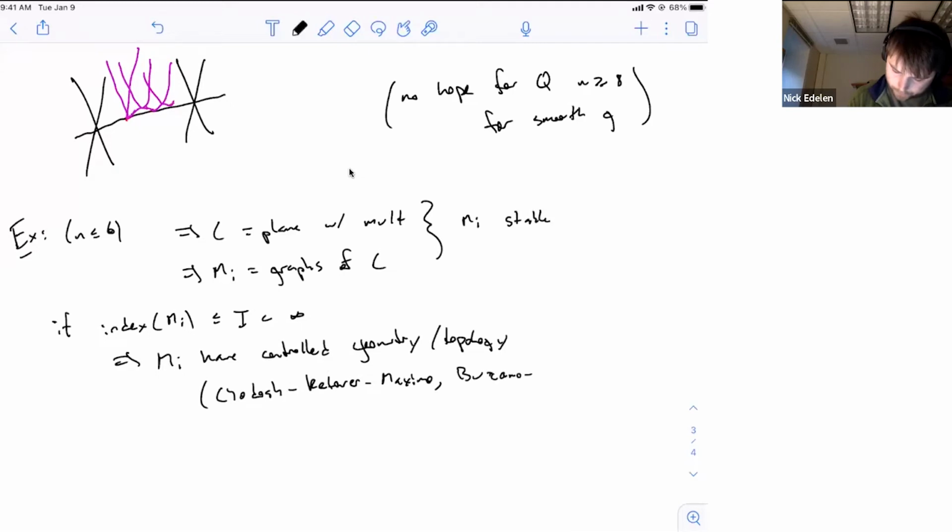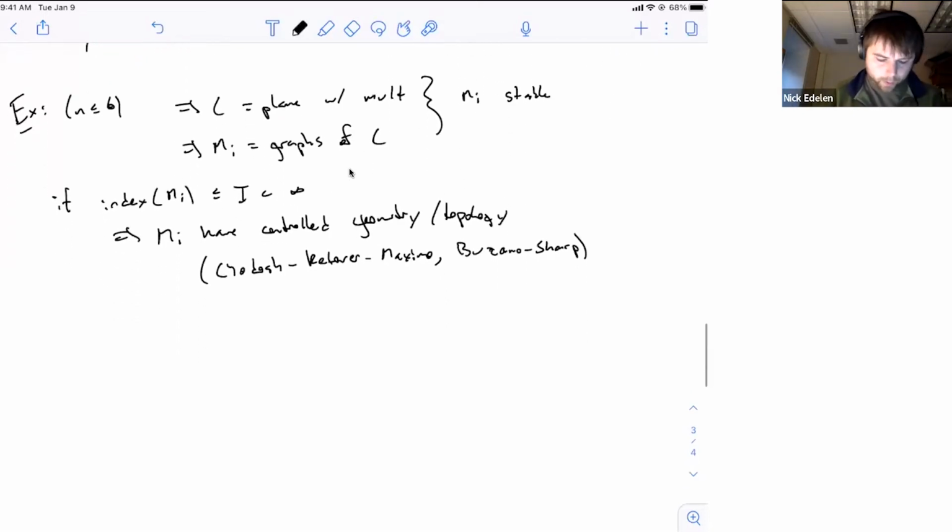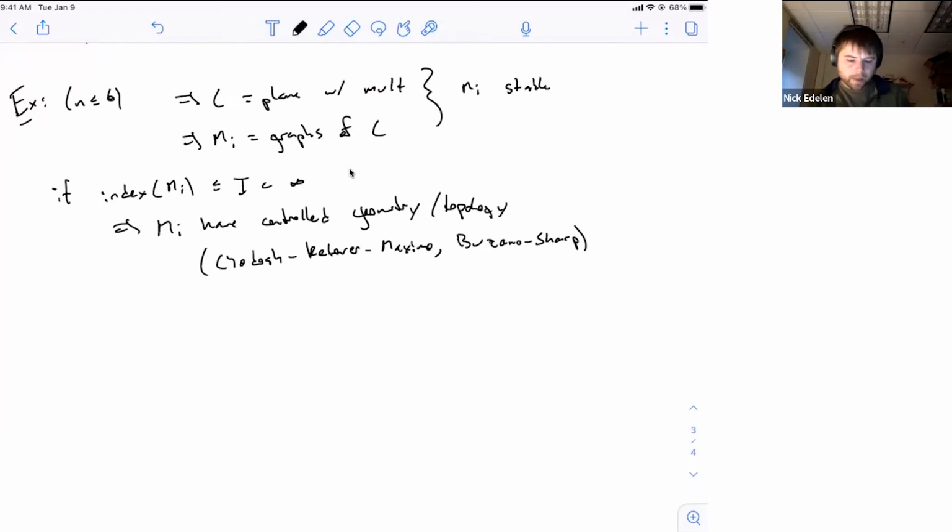And this was first proven by Otis and Dan and Davi, Chodosh, Maximo, and then Reto Buzano and Ben Sharp gave a different proof with some other quantitative estimates. The point of doing this isn't just some academic exercise, well, I guess everything we do is an academic exercise, but the point is that this gives you global information about these surfaces.